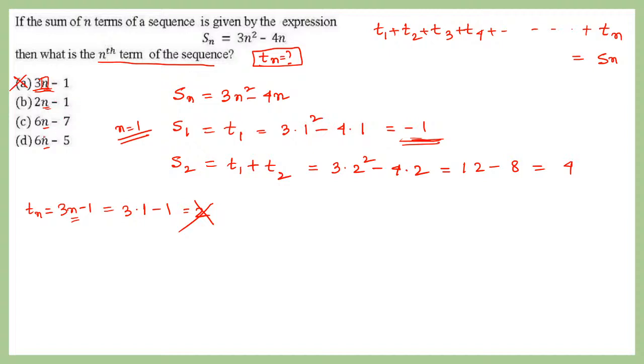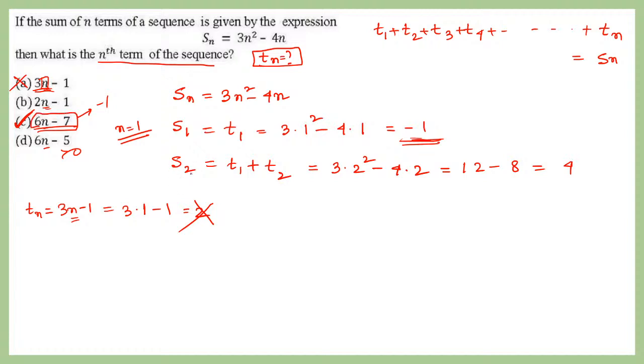So if n equal to 1, for the first option we get 3 minus 1, that is greater than 0; 2 minus 1 is again positive; 6 minus 7 gives us minus 1; and 6 minus 5 is again positive. So the only option we can get is option C, 6n minus 7.